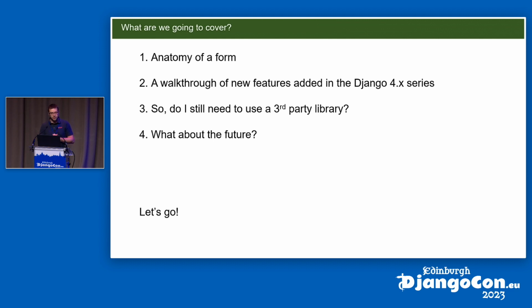One of the questions that we've been asked off the back of this is, with all these new features, do I still need my third-party library? Do I still need to use Crispy Forms? So we'll have a look at that. And then towards the end, we'll look towards the future and see what features might be added and what else we could think about. So let's go.